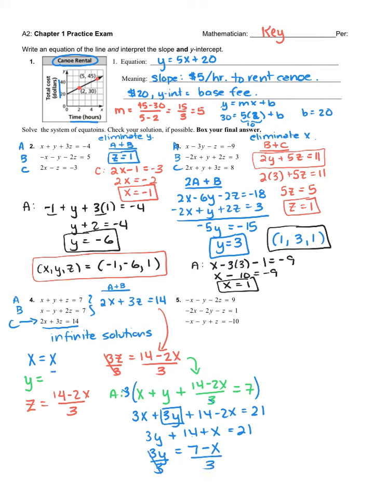So y equals 7 minus x over 3. It's not pretty, but you don't actually have to substitute anything in, and that would be how we would write our final equation: x, 7 minus x over 3, 14 minus 2x over 3. And we're done. Whoop, we kind of encroached on the fourth problem.